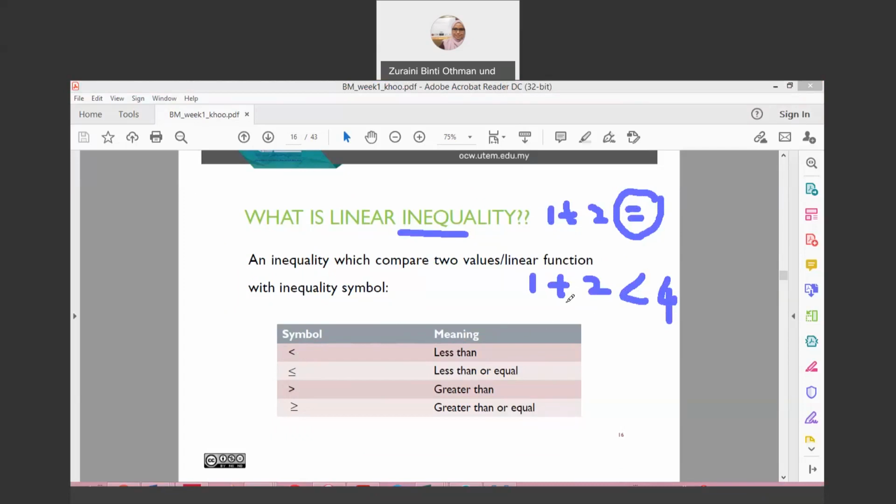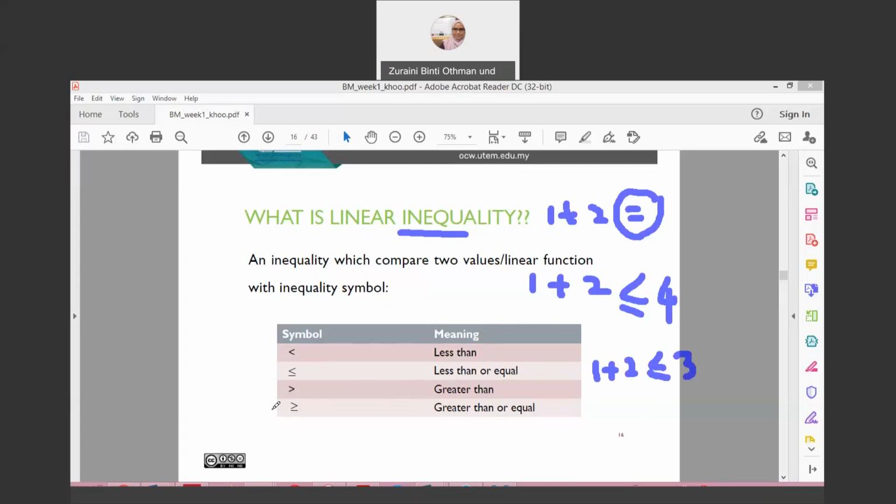Macam tu. Dia tak sama dengan 4 but it less than 4. Then less than and or equal. Okay, so if you want to put here is also true. Or if we have this 1 plus 2 is less or equal to 3 is also true.